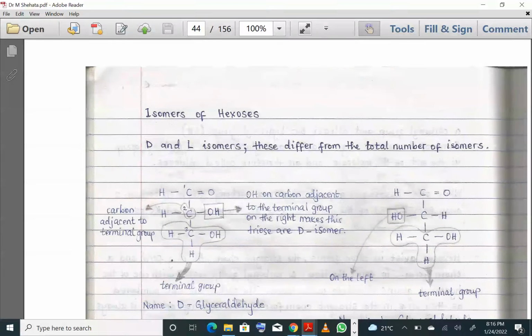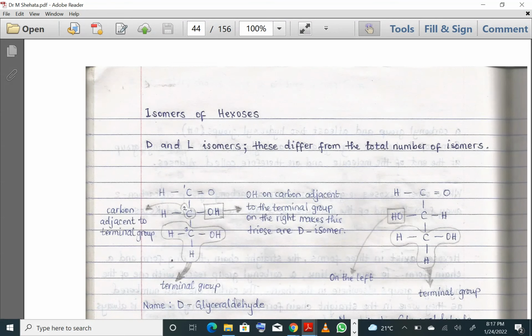What you are looking at is where the hydroxyl group is. Hydroxyl group is the same as the OH group. So on which side is the OH group? On the carbon atom that is next to the last hydroxyl group.